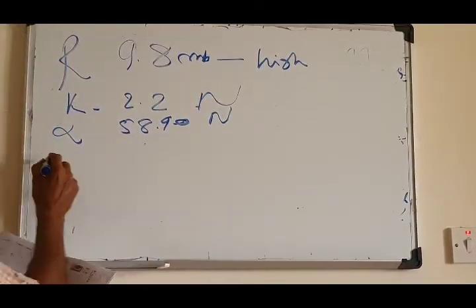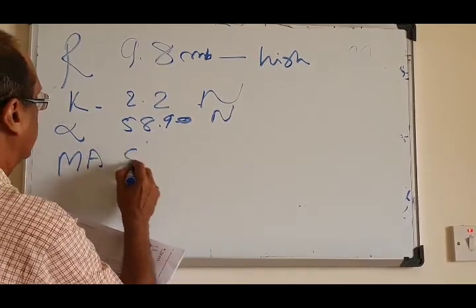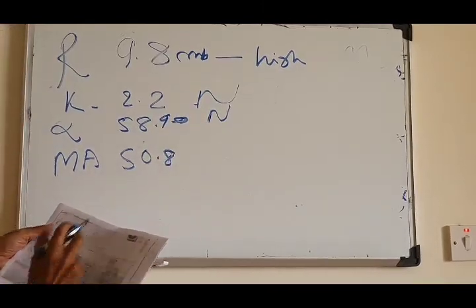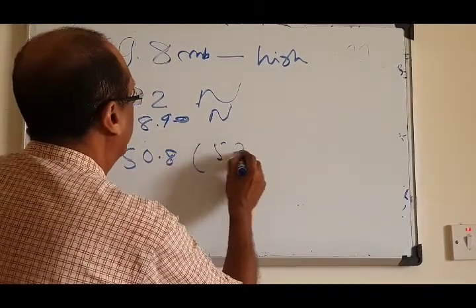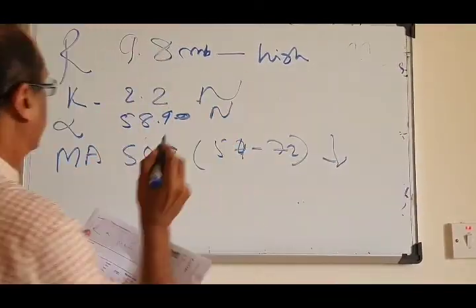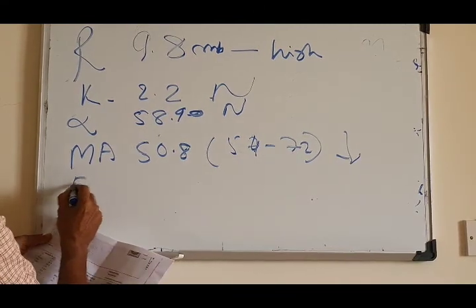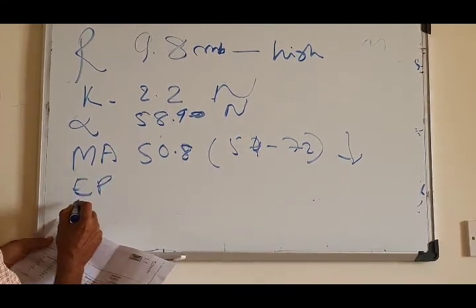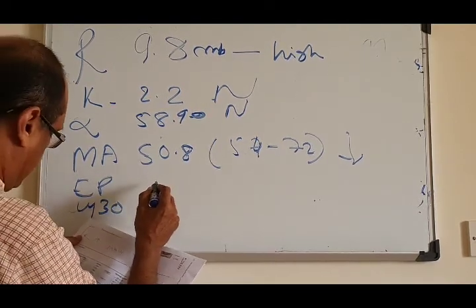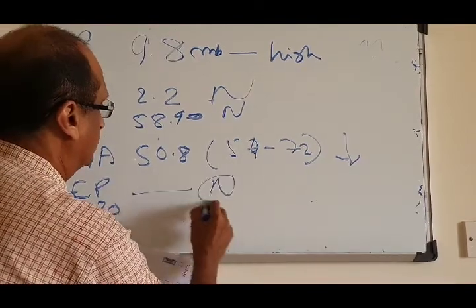Now maximum amplitude they have given 50.8 and the range is 54 to 72. So naturally it is reduced. The maximum amplitude is reduced. Now the estimated percentage of lysis, and lysis 30, is reported as normal range.